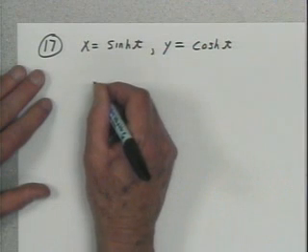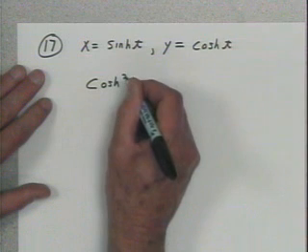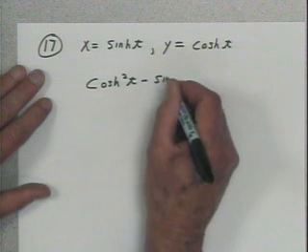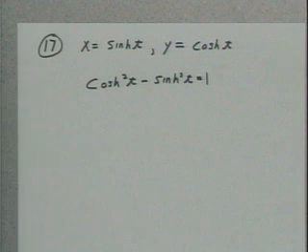Yes, there is. Long time ago, cosh squared of t minus sinh squared of t equals 1 was a hyperbolic trig identity. And that could be looked up if you had to.